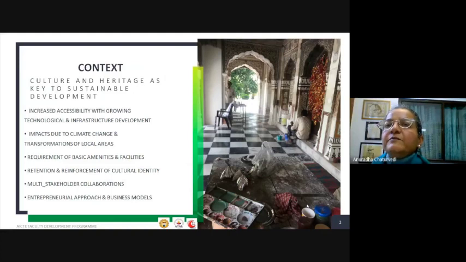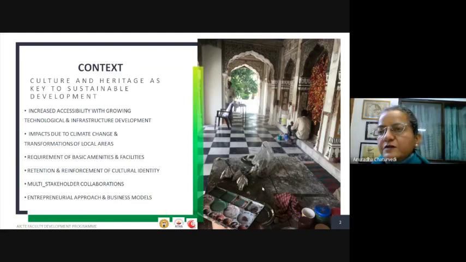I'd like to begin by going over a little bit of the context, which will further reinforce the idea that culture and heritage are key to sustainable development, especially in our scenario.